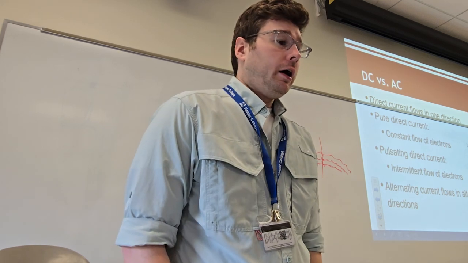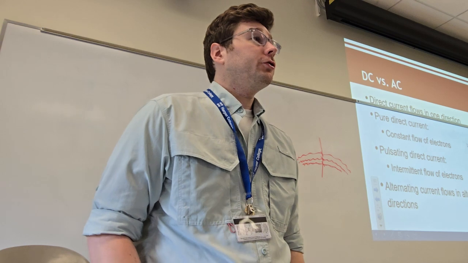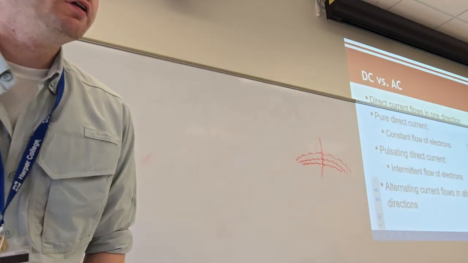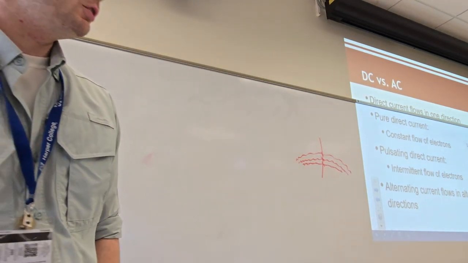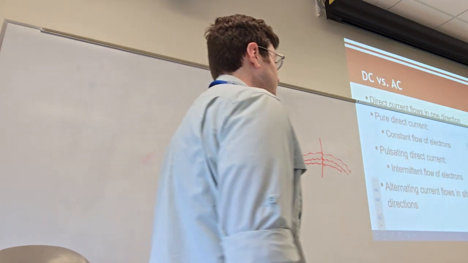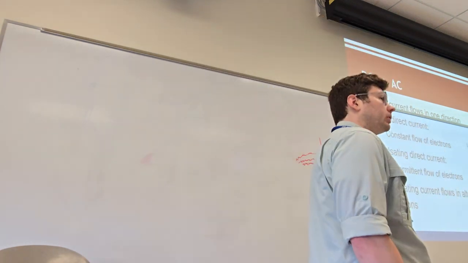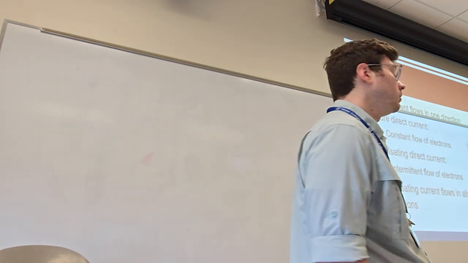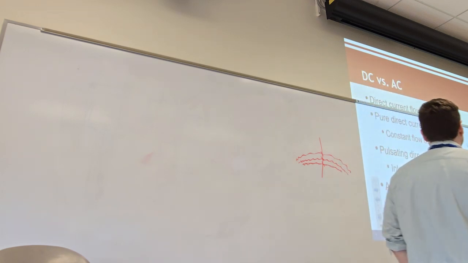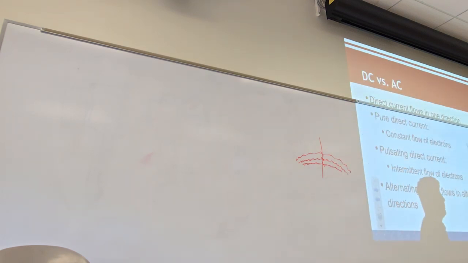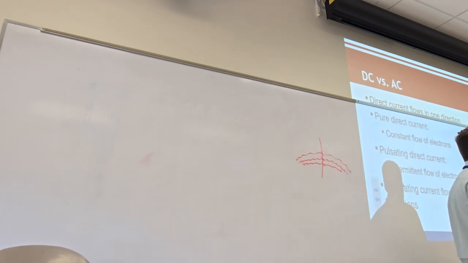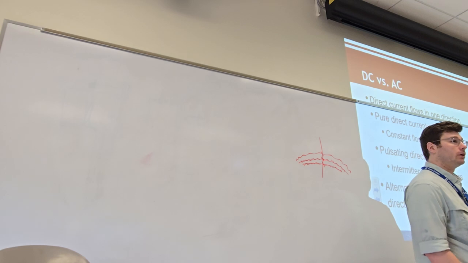All right, so hopefully you guys should have a good understanding of this by now. What the literal difference is between AC and DC voltages, alternating current and direct current. It should be fair game that if I ask you for an AC waveform versus a DC waveform of a certain voltage, you would be able to tell me what that is and draw it out and all that good stuff.